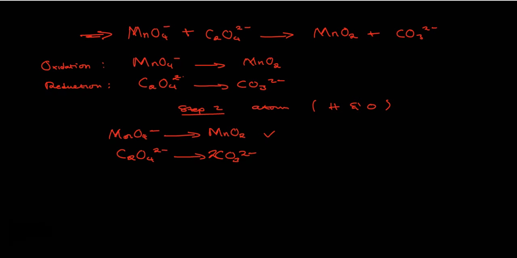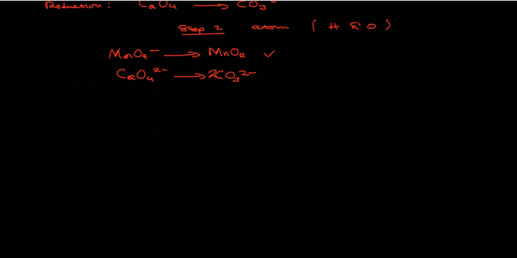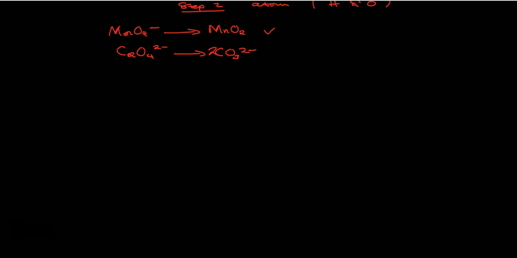So our next step, after we do this, is to balance oxygen. We balance oxygen by adding water. Here we have 4 molecules of oxygen, here we have 2. So we are going to add 2 molecules of water.